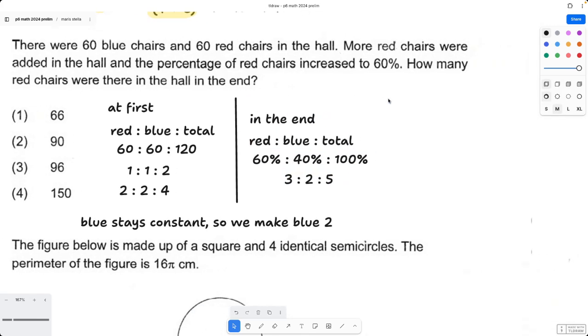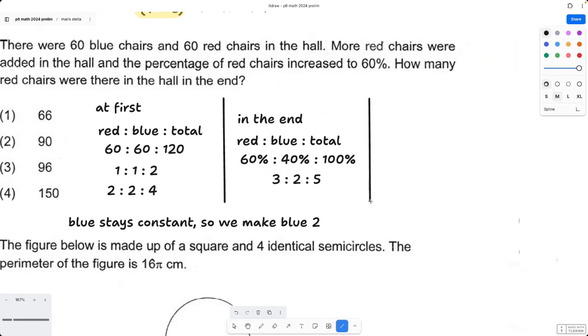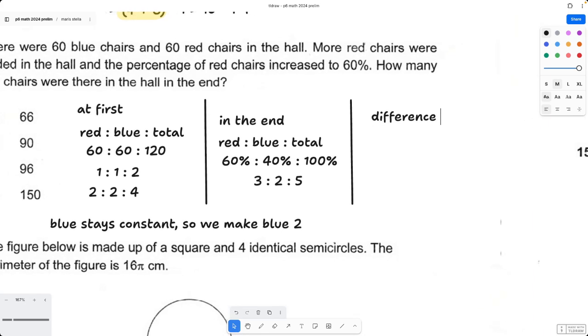Okay, so now that means difference in units, rate difference in units is 3 minus 2 is equal to 1 unit.